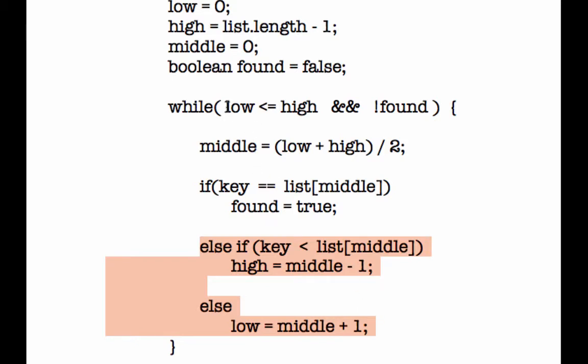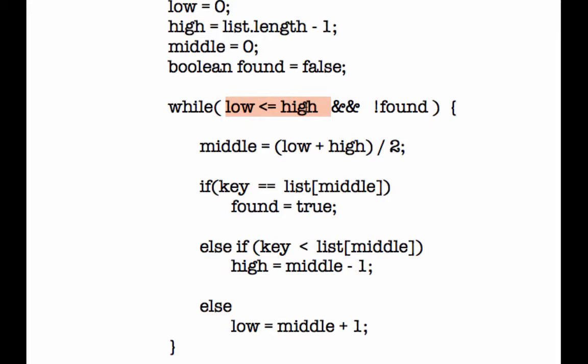So my condition is as follows. My condition is as long as low is less than or equal to the value of high. So let's think about what that means. That means that as long as the index of low is less than or equal to the index of high, there are some elements in between low and high that need to be inspected.